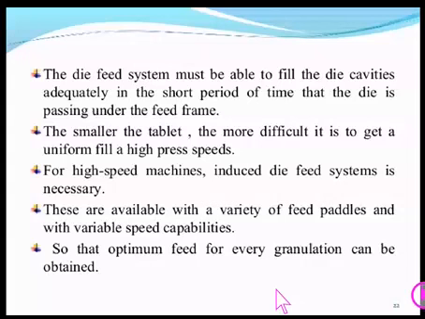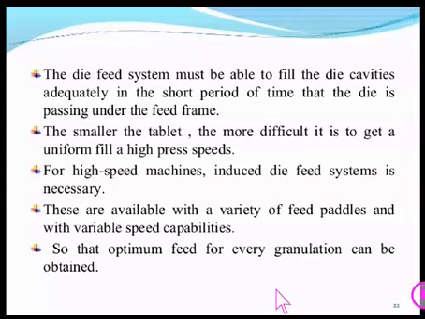Well, this is true because the granulation material is having a specific particle size distribution. You'll find the fines as well as the coarse particles present in the granulation material. And if we have a very small size of the tablet to be prepared, definitely the die cavity will not get uniformly filled each time, because we need tablets to be produced with a uniform weight and uniform potency.